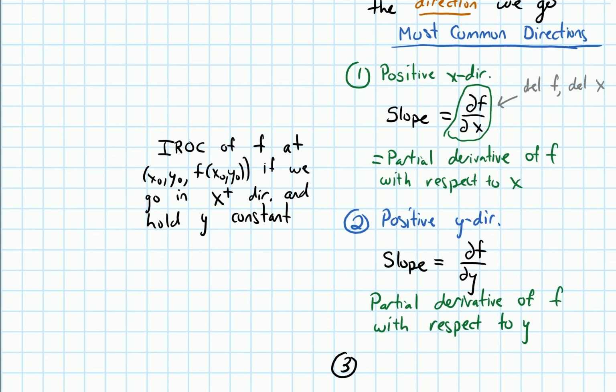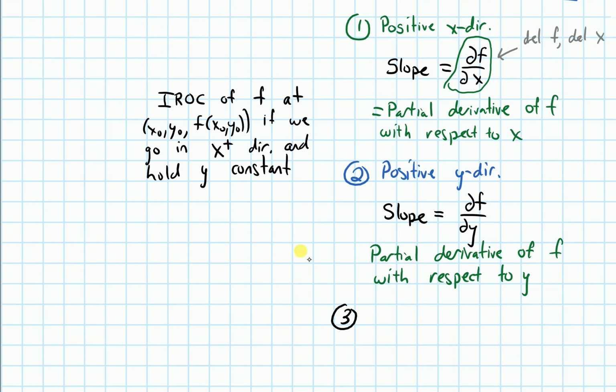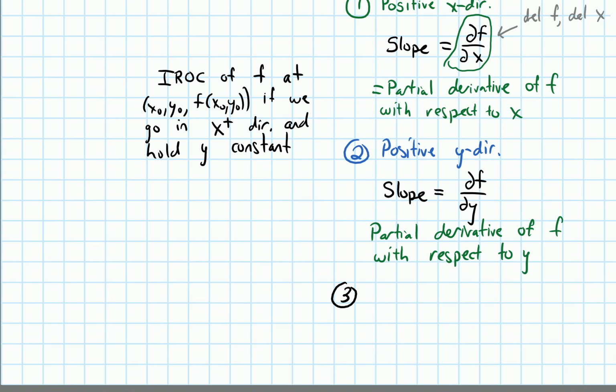Those are the two most common directions that we go in, and we form the slopes of these tangent lines. But sometimes we like to go in other directions, and these are called directional derivatives.